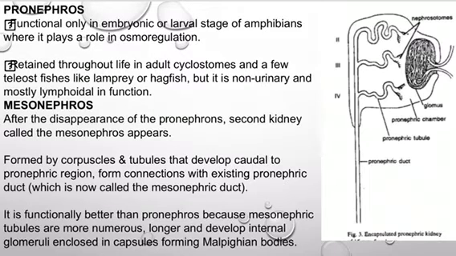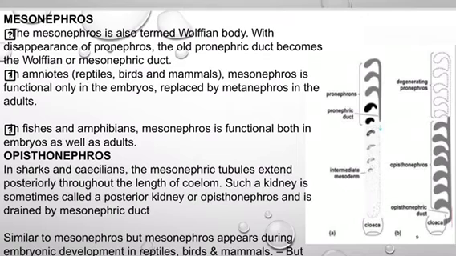These internal glomeruli are enclosed in capsules and form what we call the malpighian bodies. So the mesonephros is also called the Wolffian body, and you have the mesonephric duct, which I told you forms from the pronephric duct. The mesonephric duct is also called the Wolffian duct.